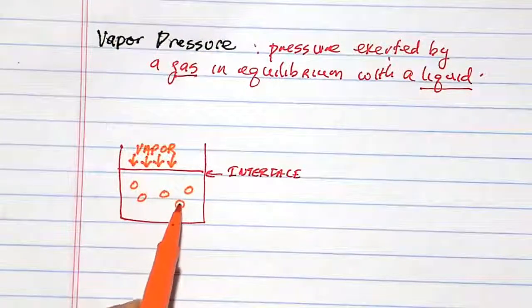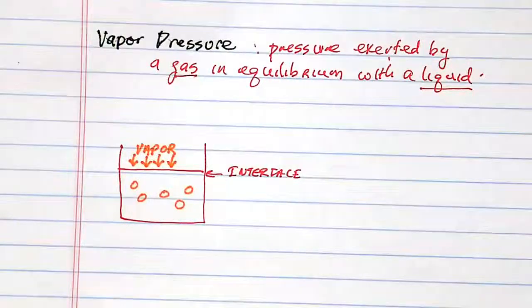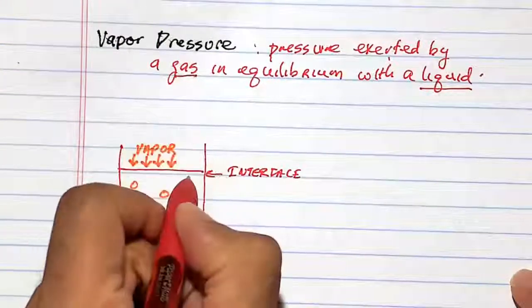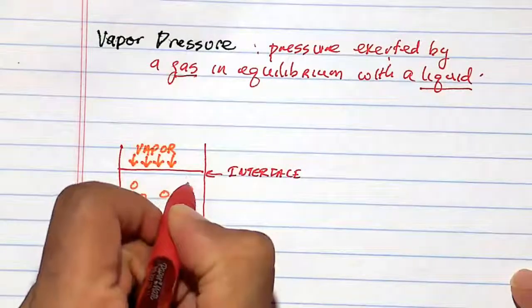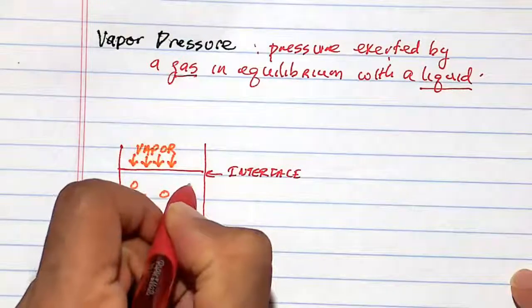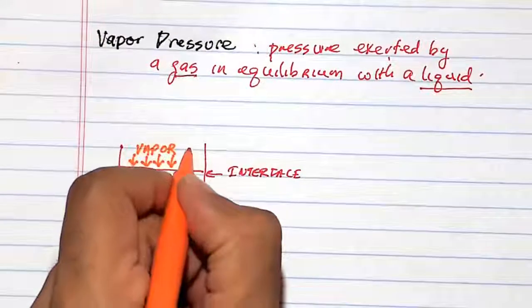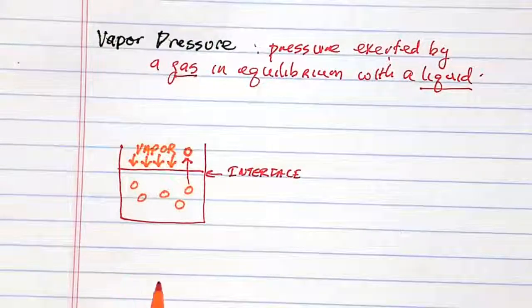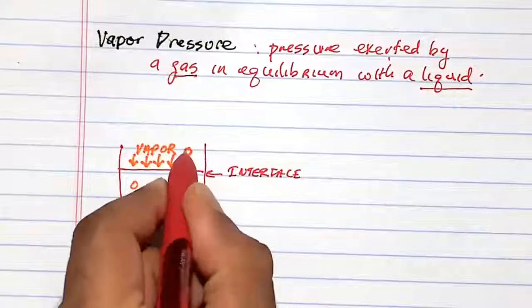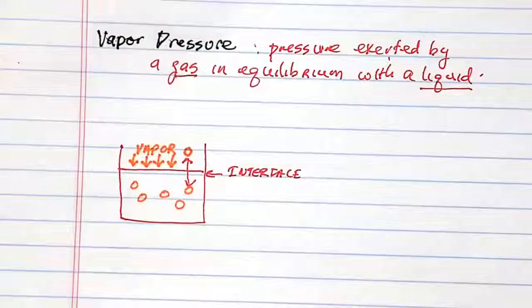And in order for this liquid to exert a vapor pressure, it must break free. So you're setting up a dynamic equilibrium between this water molecule here in its liquid phase and a water molecule here in the vapor phase. So we can have this back and forth going.